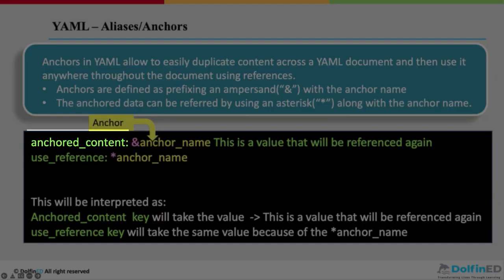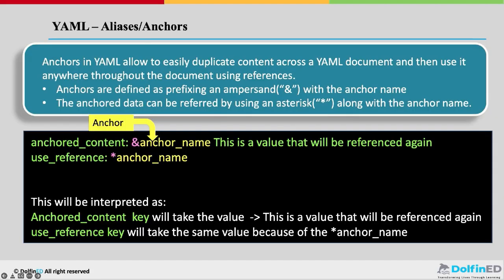So the ones in green are the key on the left side, the value on the right-hand side. What if this value needs to be assigned or referenced or recalled multiple times in your document? Of course, you can have another key, like let's say anchored content, and then key 1 is going to have the same value. Key 10 or 20 afterwards in the document is going to have the same value.